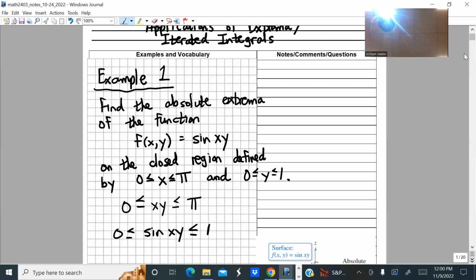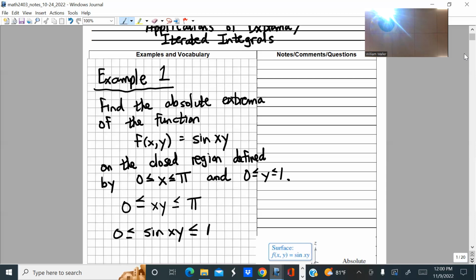Anytime you take the sine of a number, you're always going to get a value between 0 and 1. So you know that the output from this function, f(x,y), has to be something between 0 and 1. It is possible for it to be 0. That will happen if either x or y is 0, because you'll have sine of 0, which is 0.